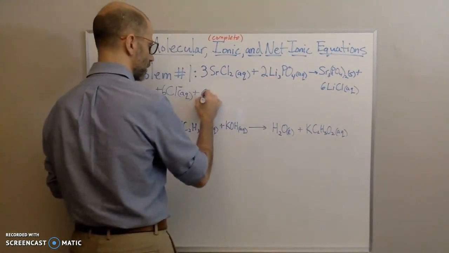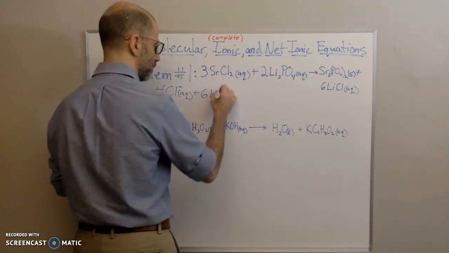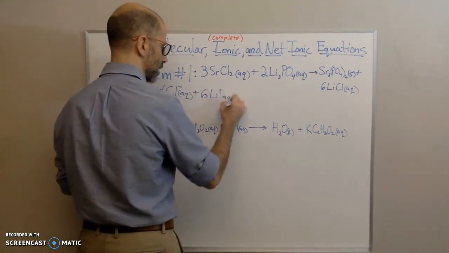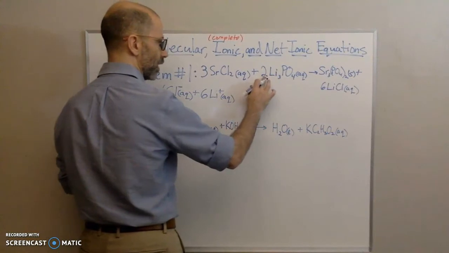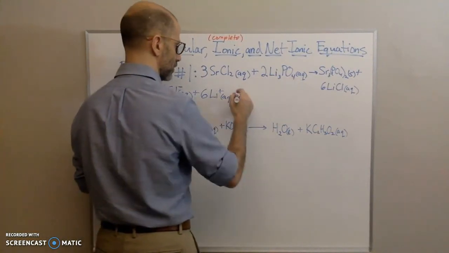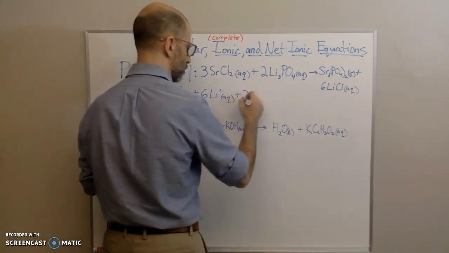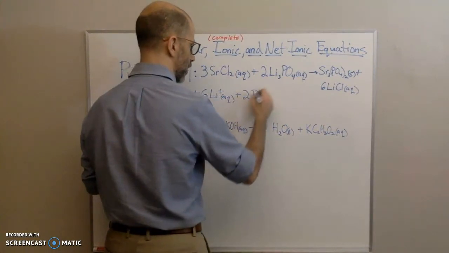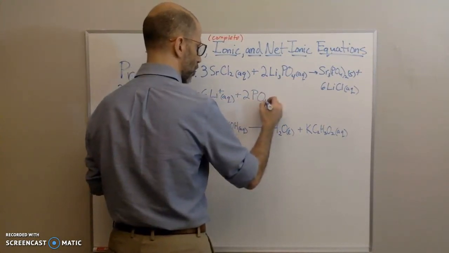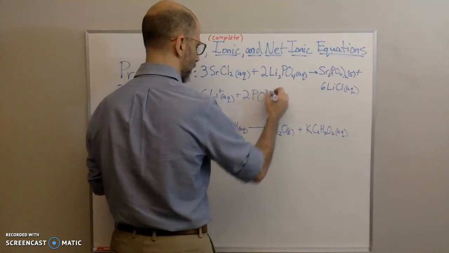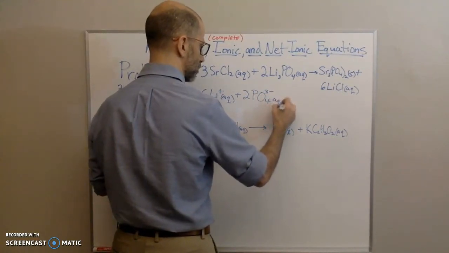So we write 6 Li+, and that's aqueous. And we have 2 phosphates, so that's going to be 2 PO4 3-, and that's going to be aqueous.